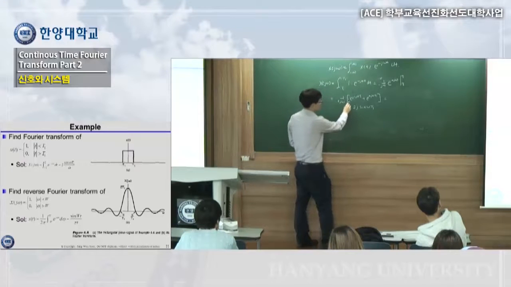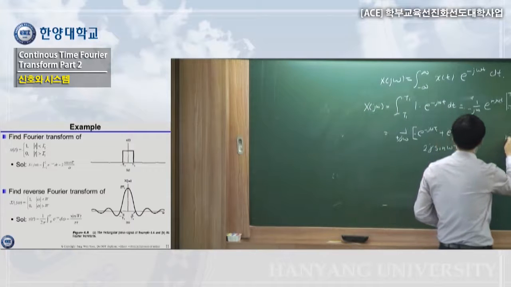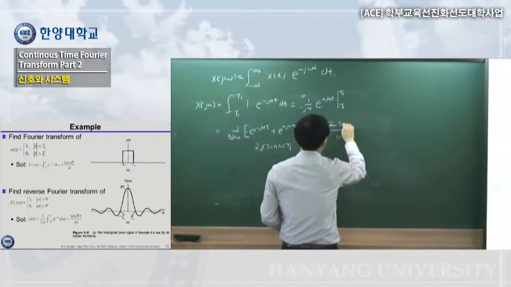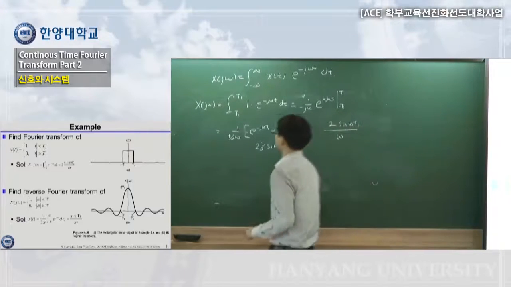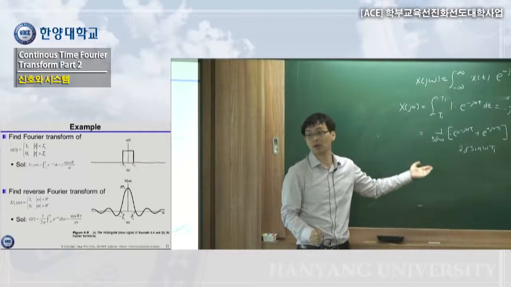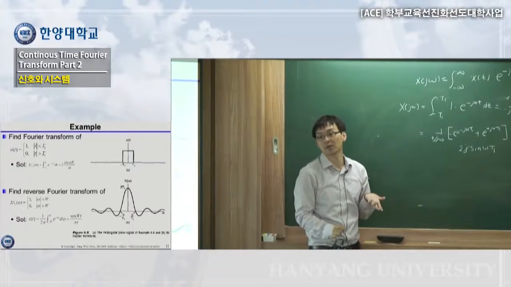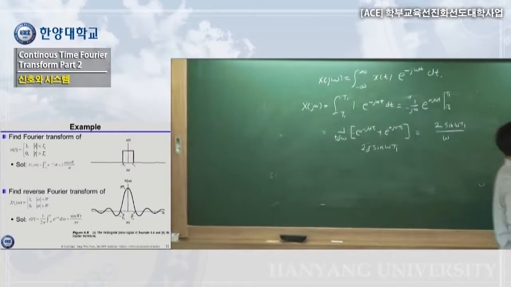So using this, it becomes like that. The j will be removed, and they will have a form of 2 over omega sine omega t1. So the calculation is quite straightforward. It doesn't need much effort. Much simpler than Fourier series, right? So we have found the solution.